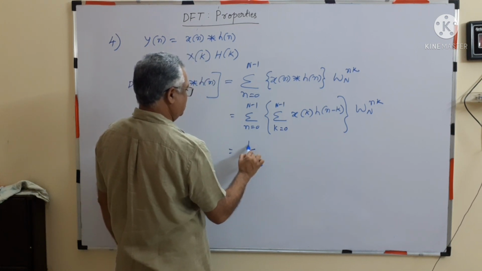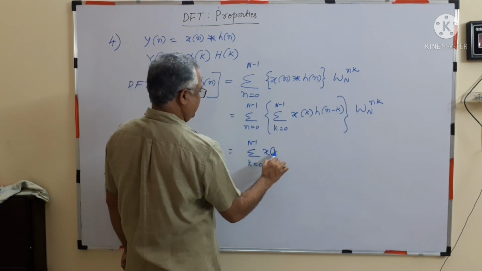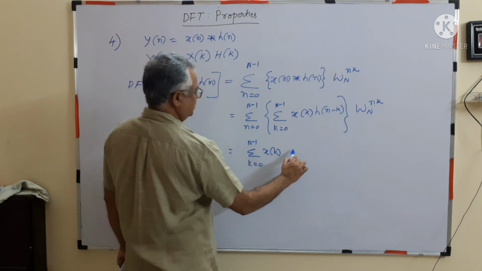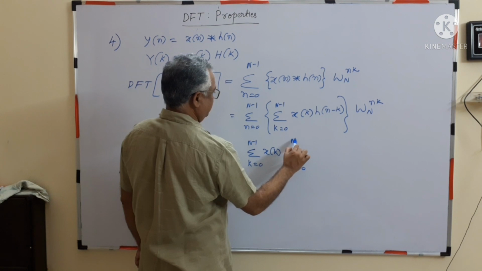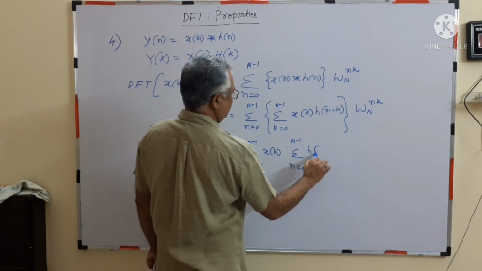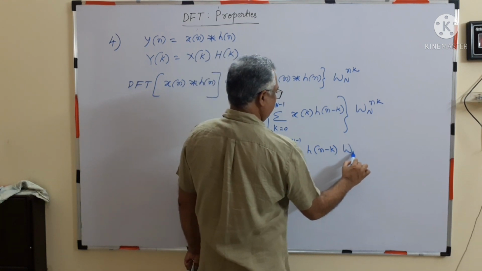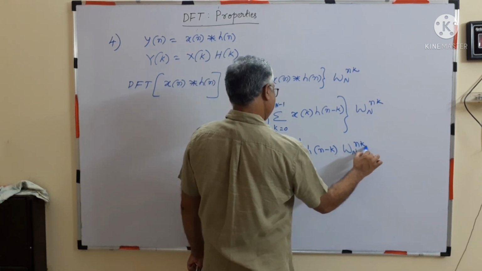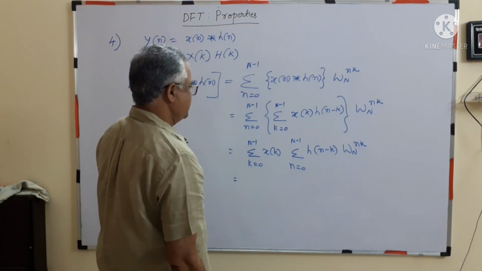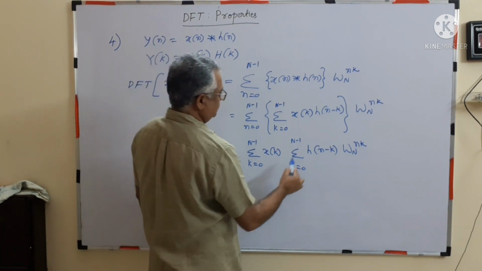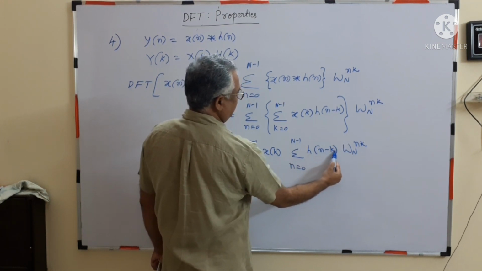The sum over k from 0 to N minus 1 of x of k, taken out, times the sum over n from 0 to N minus 1 of h of n minus k W N power nk. This is nothing but the time shifting property: it is the DFT of h of n minus k.